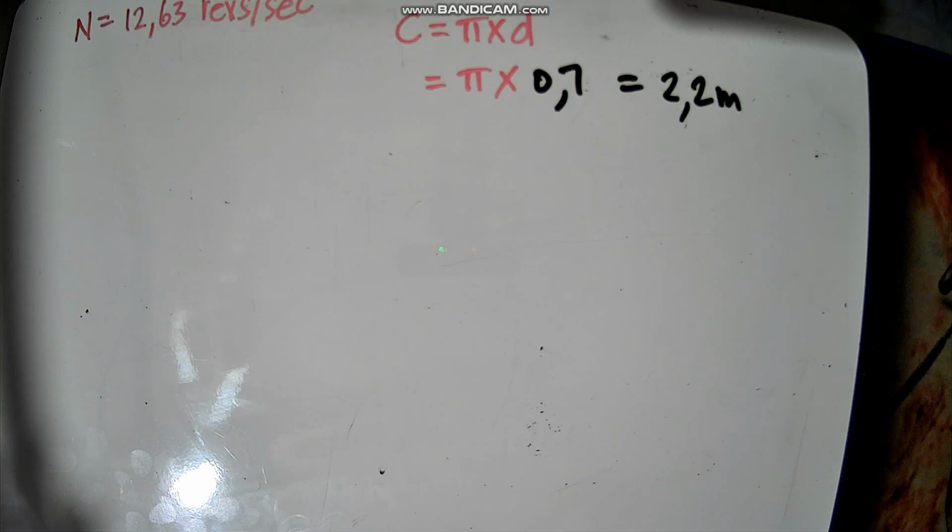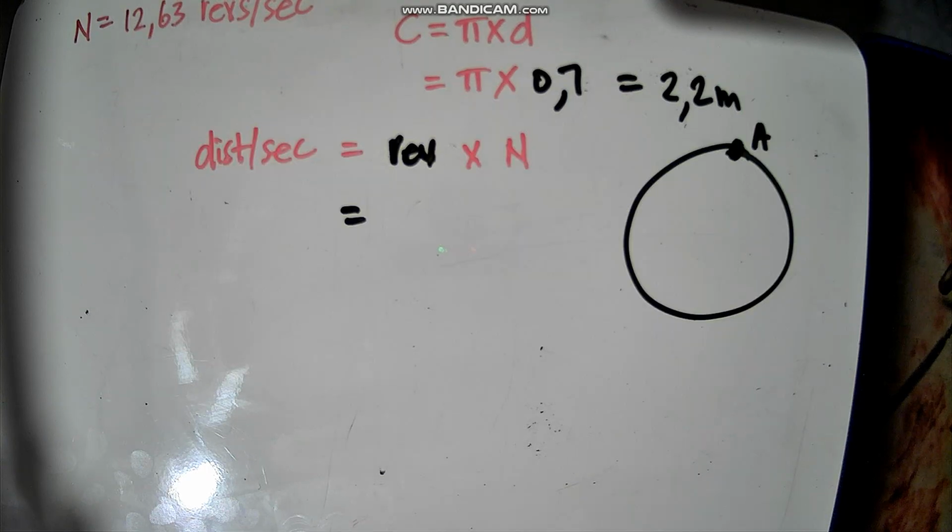So the next step. Now let's say I want to calculate what distance point A will cover in one revolution. If A makes one full turn, I want to know what distance it will cover in one revolution. Now we know that we have 12.63 revs in 1 second.